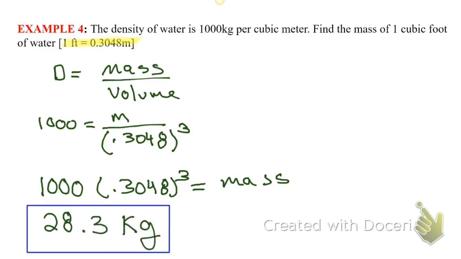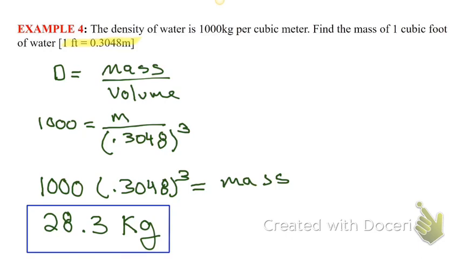And that's how many kilograms. Okay? We needed to move to the metric system from feet because we're using the metric system. We're using cubic meters. So it's that many kilograms in a cubic meter.